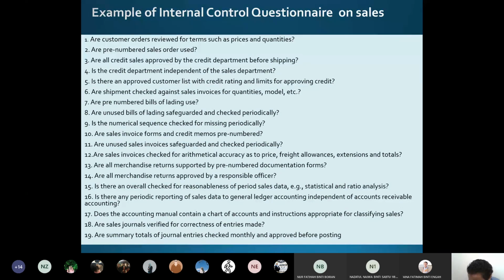Sometimes, if you notice, when you key in some amount on the internet, you will get a warning message saying wrong entry. That is what we call verification of correctness through the software. But if it is manual, then we expect someone to review the entries periodically. 19, sorry, last one.